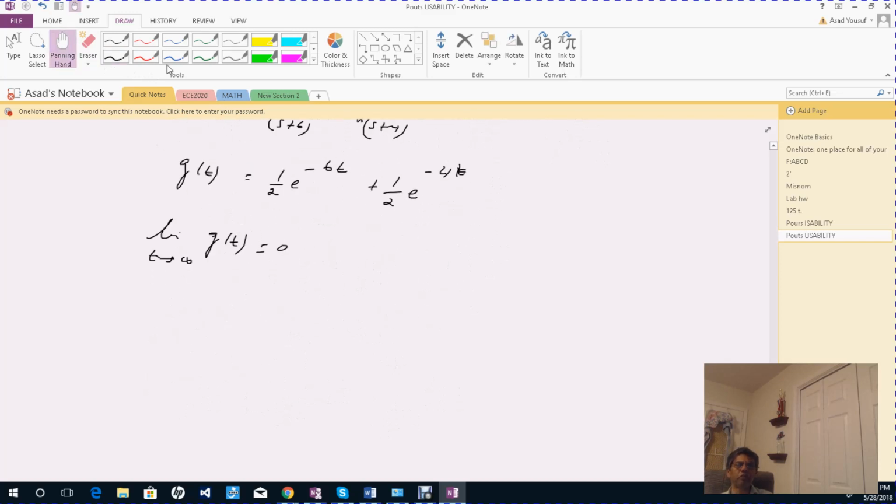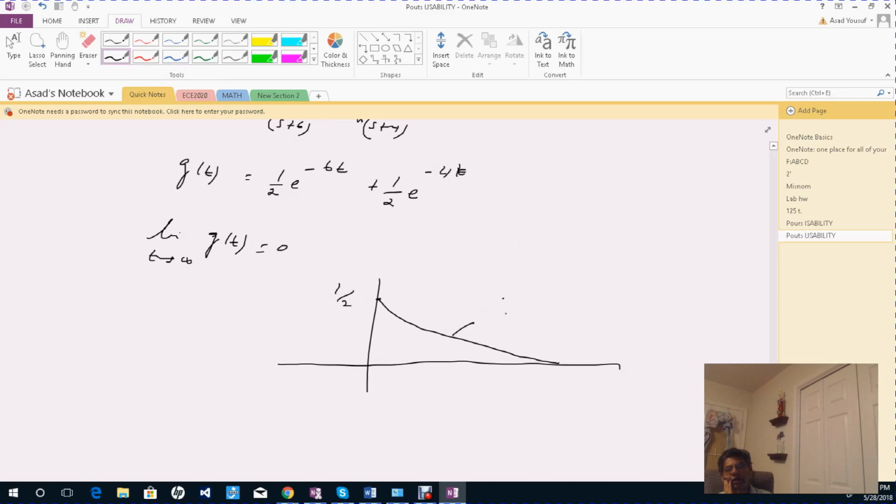Let's do a little rough plot of these two terms, with the half over here. Let me use different colors, a black and a red. If I plot e^(-4t), it will eventually go like that, and that's your half point; this is half e^(-4t). Now notice this other one is going to decay a little bit faster, so let me put it in red.